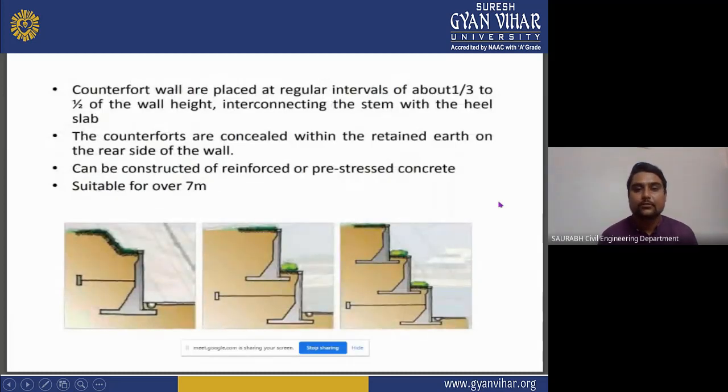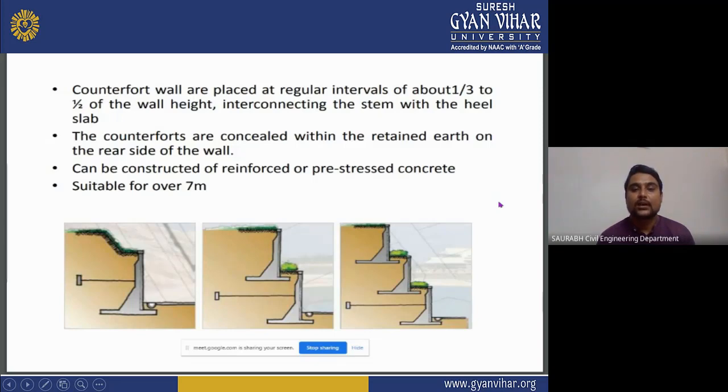about the counterfort wall. Counterfort walls are placed at regular intervals of about 1/3 to 1/2 of the wall height, and they interconnect the stem with the heel slab.